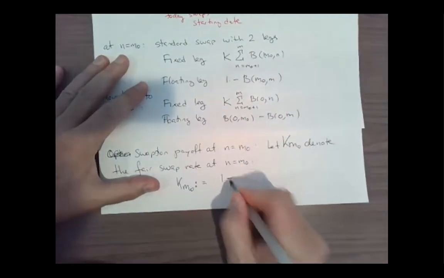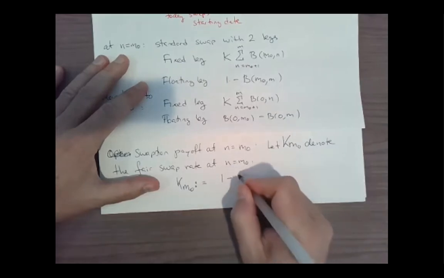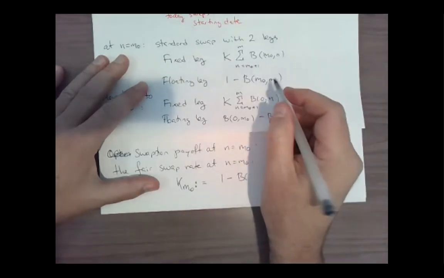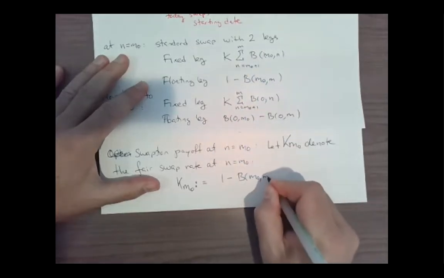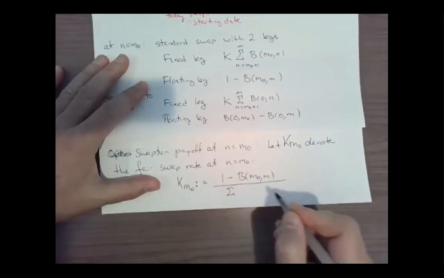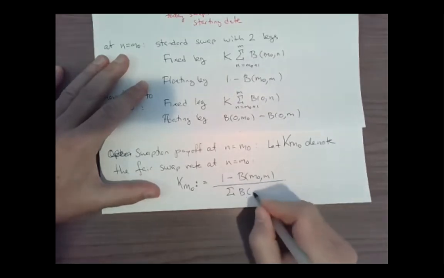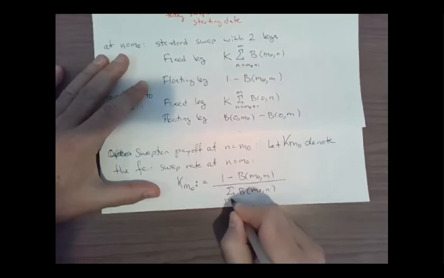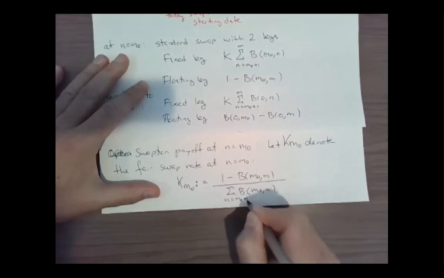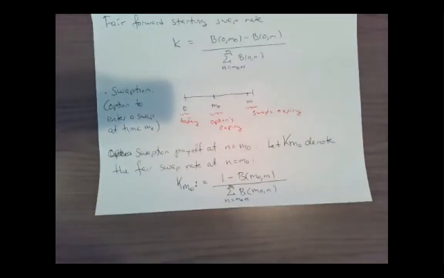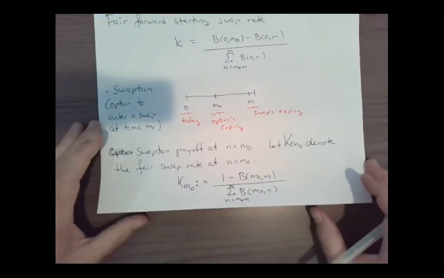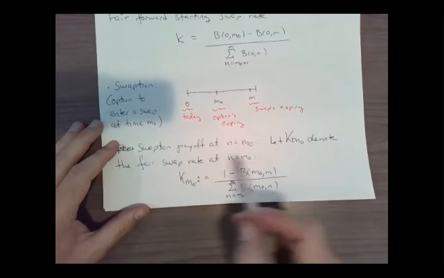So this is 1 minus B M0 M divided by the sum. That's the fair swap rate at that time.